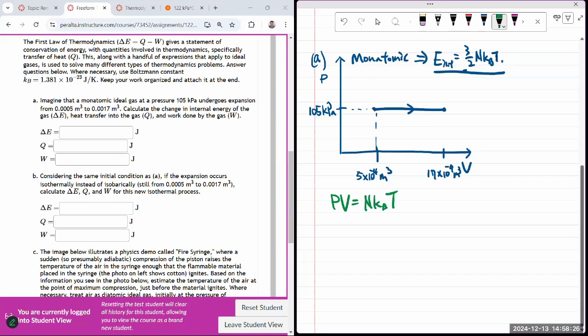So I can replace this NkBT with the left-hand side of the ideal gas law. So I can say the internal energy is equal to 3/2 PV. So, all right, I think I have all the numbers to plug in.